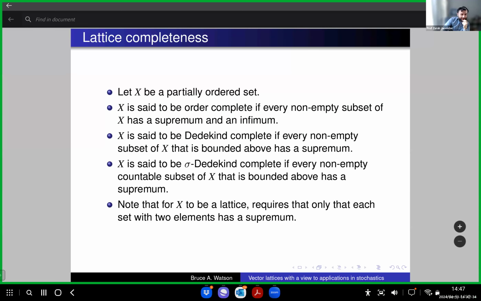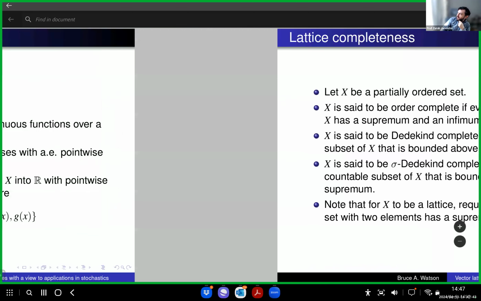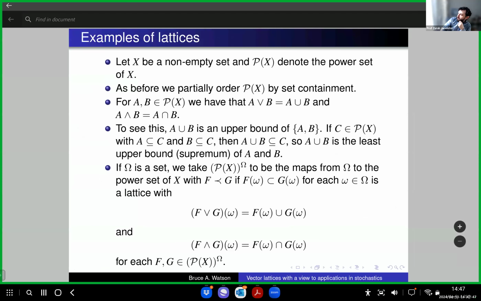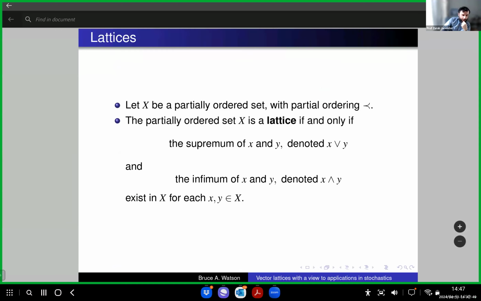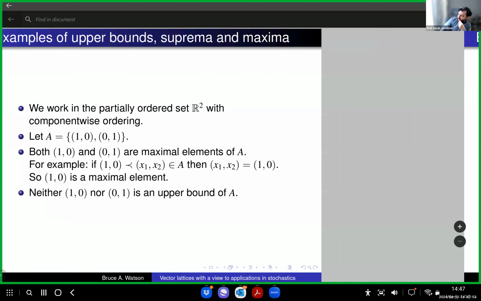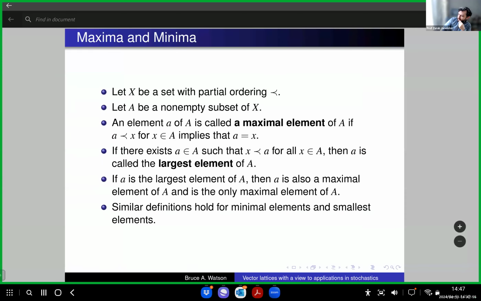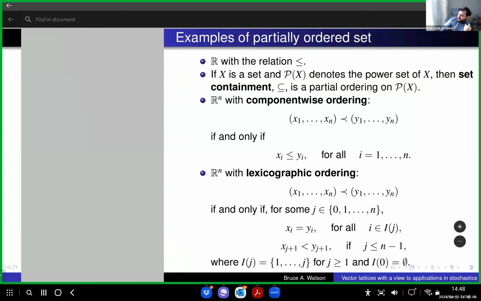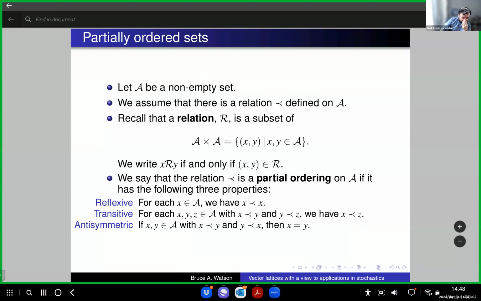Since we're talking about the empty set, at the beginning you also assumed the set to be non-empty when you defined the partially ordered set. Now, the notion of a partially ordered set can be seen as a special case of the notion of a category, and one generalizes from partially ordered sets to categories. The notion of supremum becomes the so-called co-limit.